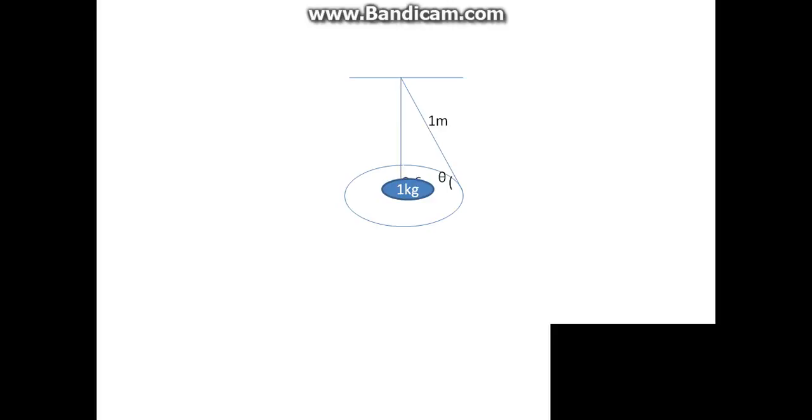Resolving the forces on the body, the vertical force will be T cos theta, and the horizontal force will be T sin theta. The ball is still at 1 meter with the string at a radius of 0.6 at an unknown angle, and the weight of the ball is mg.